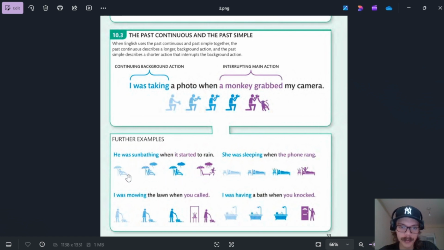So the person stops sunbathing when it starts to rain. The person stops mowing the lawn when someone calls, right? The person stops sleeping when the phone rings, and the person stops taking a bath when the person knocks. Same thing I did with this one. I can also switch these around. So I could say the phone rang while she was sleeping, or you called while I was mowing the lawn.